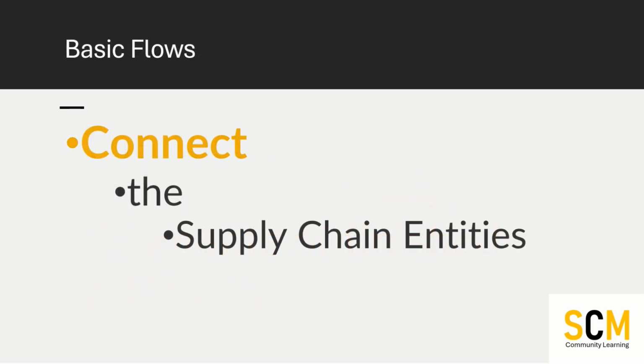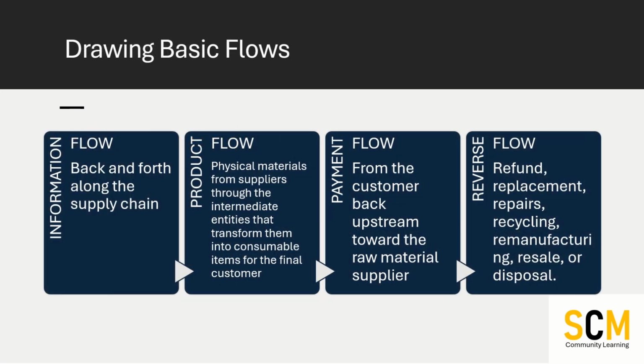We have flows on this strategy to connect the supply chain entities. We need to connect these three entities in a better way, in a new way, and in the main way. How can we do that? Well, we have this drawing for basic flows. Nowadays, the most important thing is to have information flow.